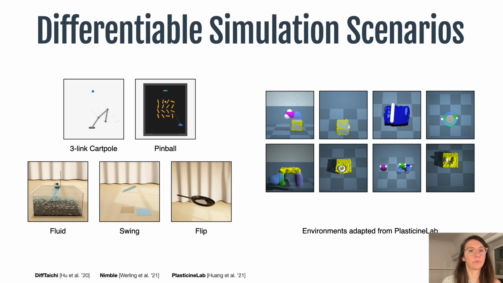First of all, we construct several new scenarios with rigid objects, a particle-based simulation with fluid, and mesh-based simulation with highly deformable objects that you actually see here. And we also incorporate a number of particle-based environments from the Plasticine lab that simulates plastic deformation, as you see here on the right.